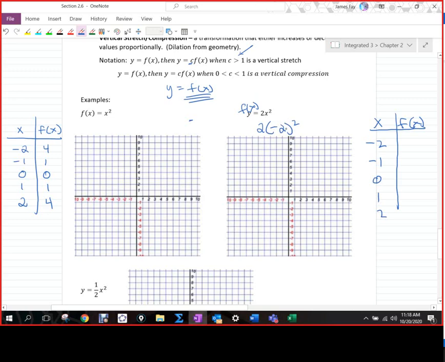And evaluate that. So what's -2 squared? What's -2 times -2? 4. And then multiply it by 2, I would get 8, right? Okay. I'm going to do the same thing with -1. -1 squared would be 1 times the 2 out in front is 2. 0 is going to give me 0, so I'm just evaluating these. I'll do it quickly for us. And we get those y values, right? Does that make sense?